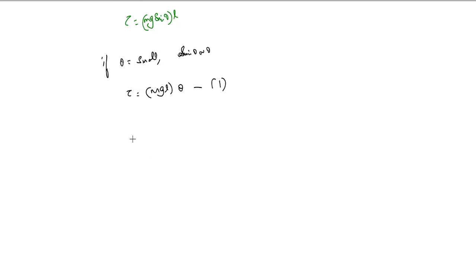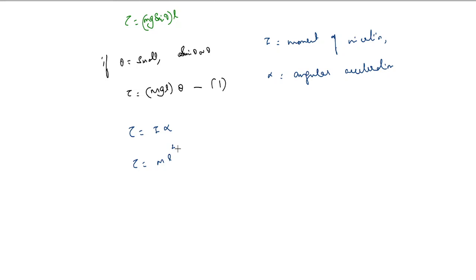Now we know that tau is equal to I into alpha, where I is the moment of inertia of the bob, and alpha is the angular acceleration. In this case, I is given as m into distance squared. Here the distance from the center to the edge is L. So it becomes mL squared into alpha.